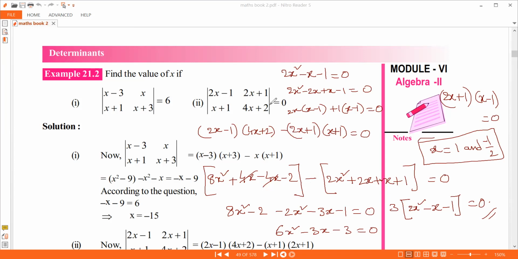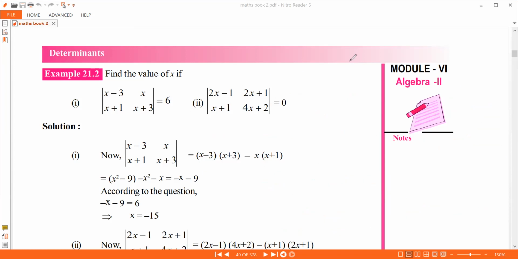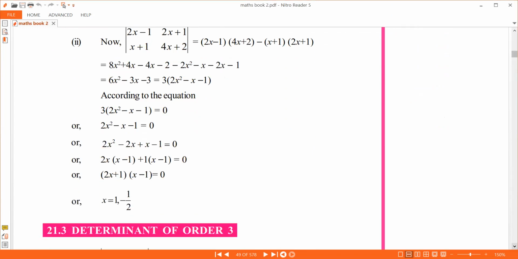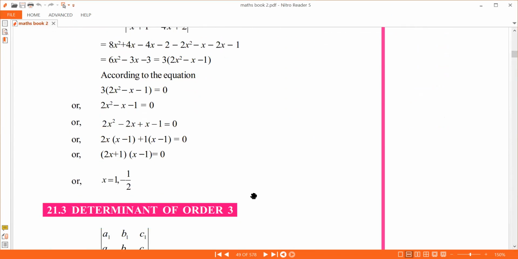So x is equal to 1 or minus half is what we got. One and minus half, so those are the answers.